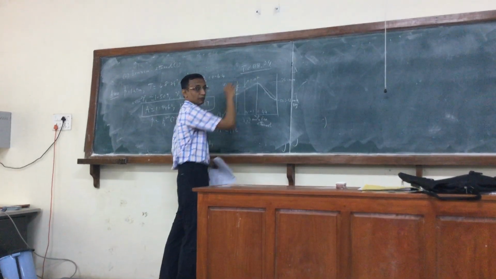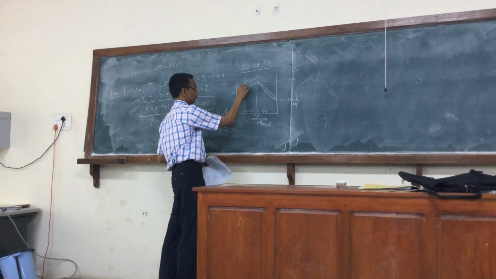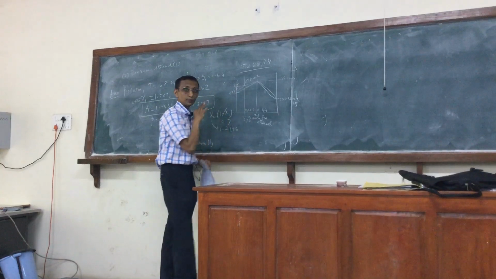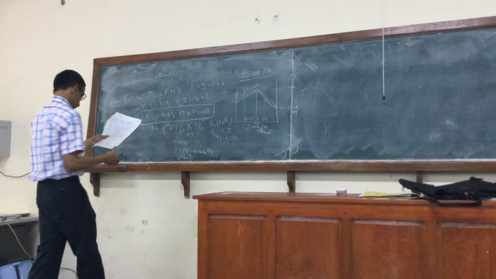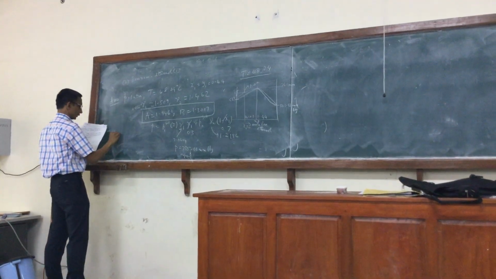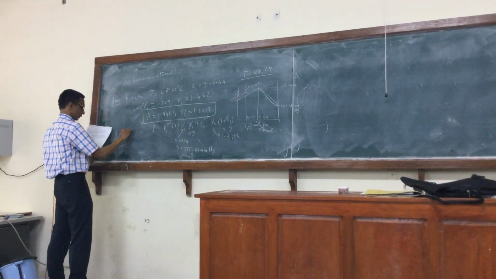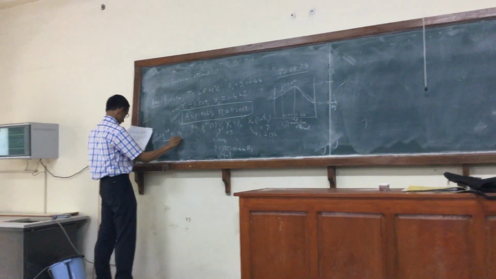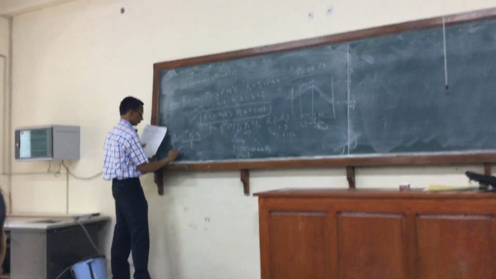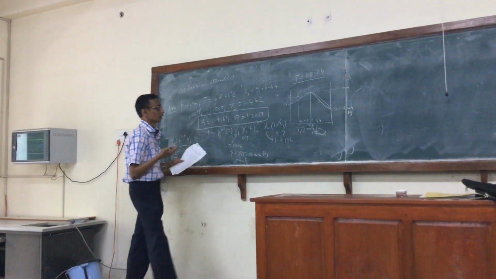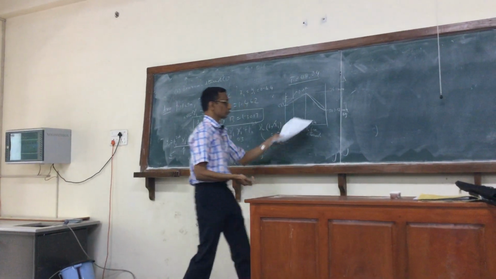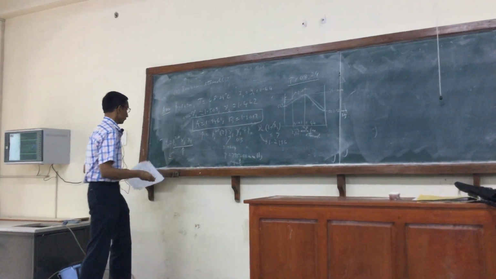You have to be very careful when constructing the diagram. Clearly now you expect y1 to be greater than x1. y1 can be easily calculated: P1 sat gamma 1 x1 by P. P1 sat I have to find out at this temperature, which we have already found. P1 sat is 503.61.